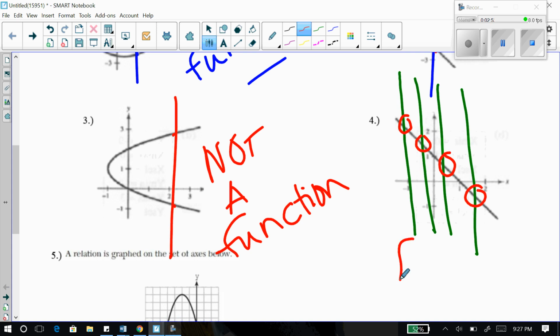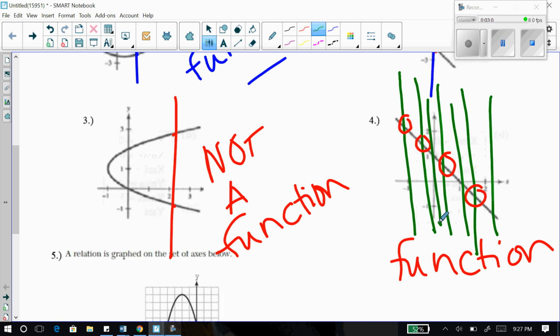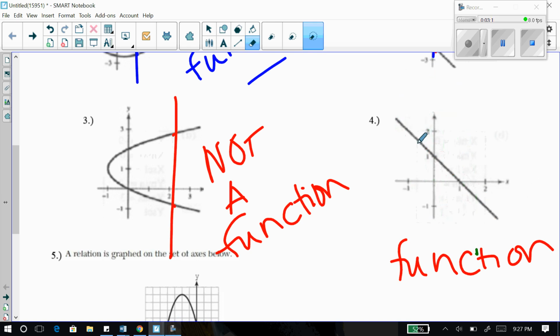So this is a function because there's no way that I can draw a line vertically so that it hits this graph in more than one spot. So I know right now I have several vertical lines on it, but what the question is asking is, can I draw one vertical line so that it hits the graph in more than one spot? In this case, no, it does not. So this is a function.